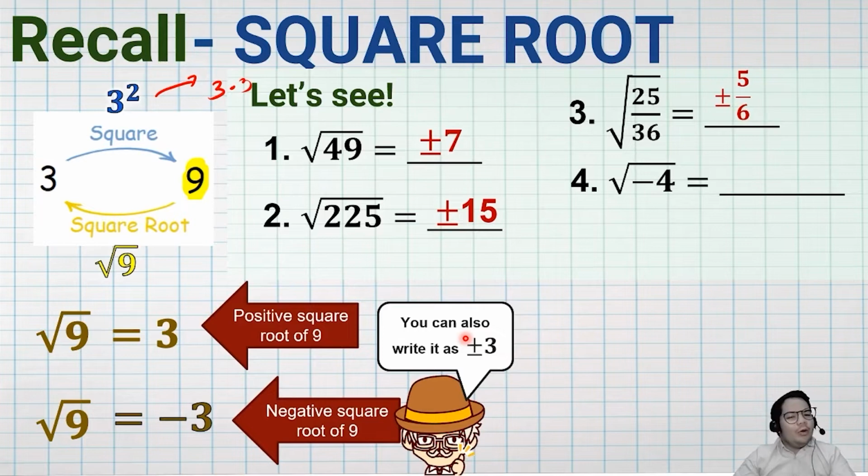Next. How about negative 4, or the square root of negative 4? Ano kaya yung number na kapag in-square ko, ang sagot ay negative 4? May nasa isip ka ba?